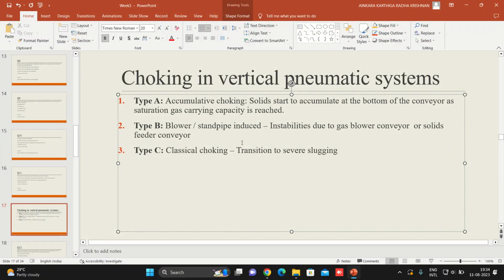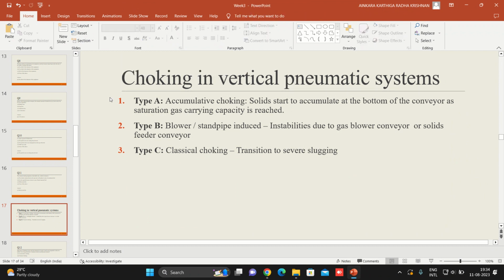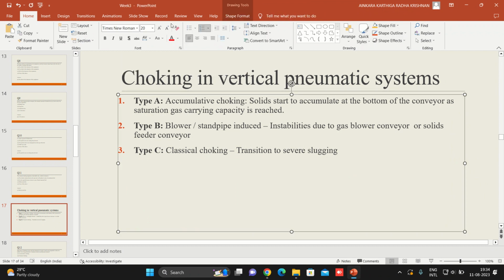So we have seen the various choking types in vertical pneumatic systems.